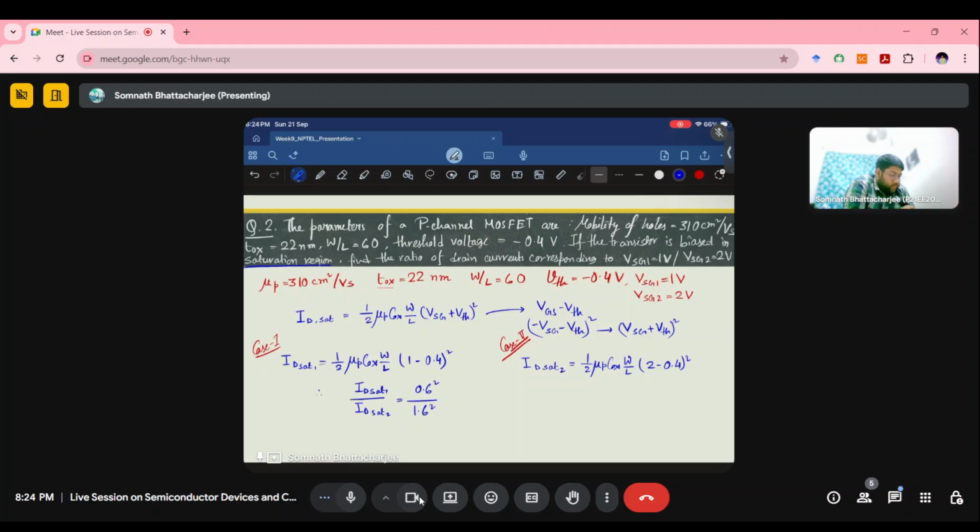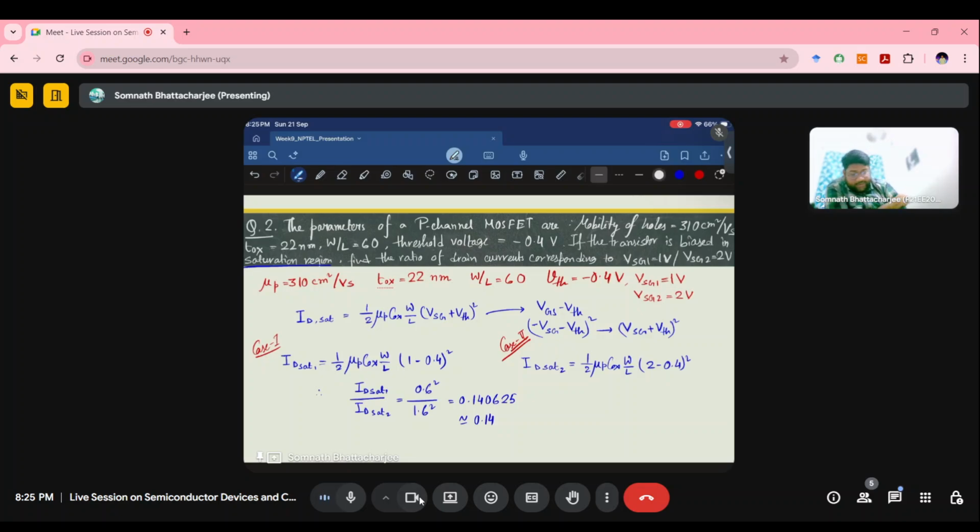Let me put the values and recheck the answers. 0.6 squared divided by 1.6 squared. So it is 0.140625, yes, yours is the correct one. For making it easy, you can write it like this, but the total answer is this. So this is the correct answer.